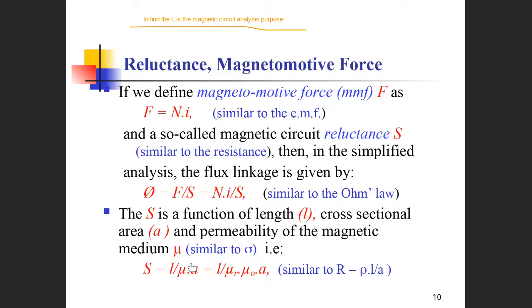And this mu of a given material, say the wood, say the magnet, say the copper, can be relative to the air's permeability.